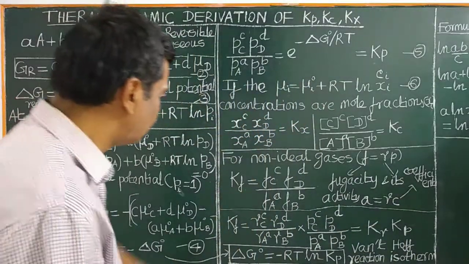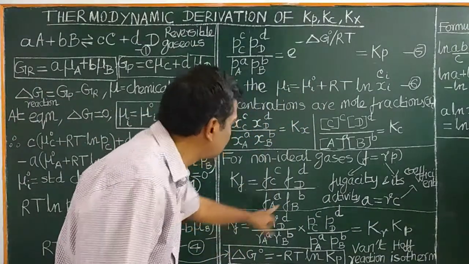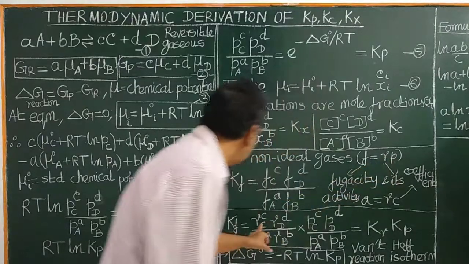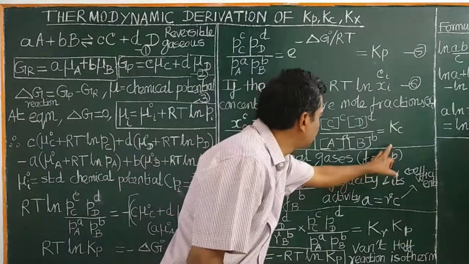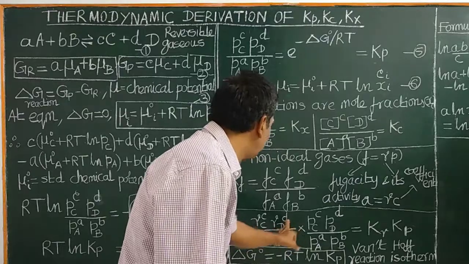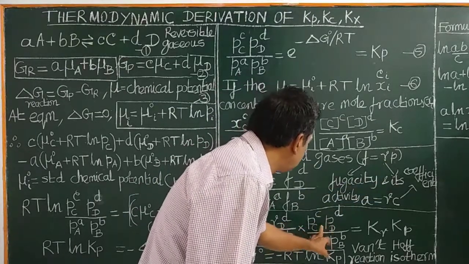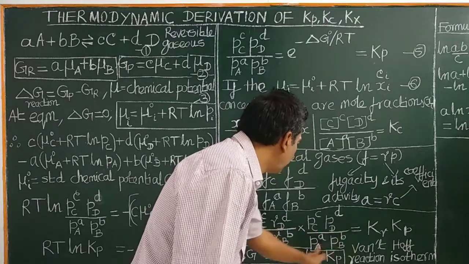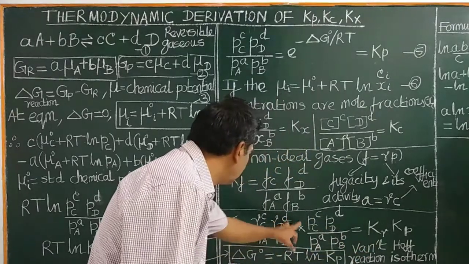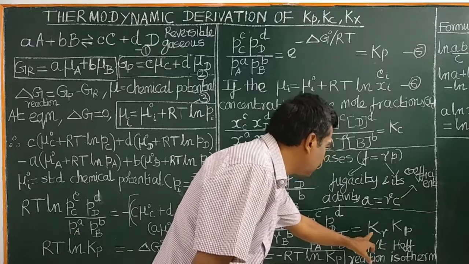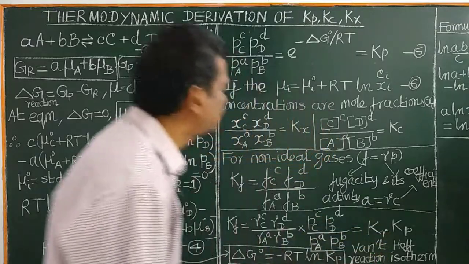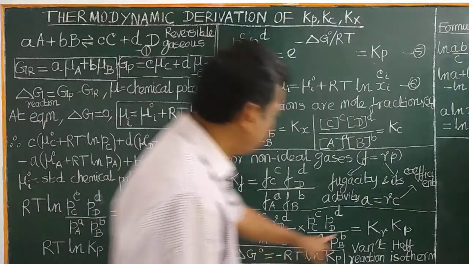Now substitute this expression here. F is gamma P. So gamma C to the power c, gamma D to the power d, divided by the corresponding terms for A and B, into the partial pressure terms, gives K gamma. This is again a constant, the activity coefficient term K gamma, into Kp.